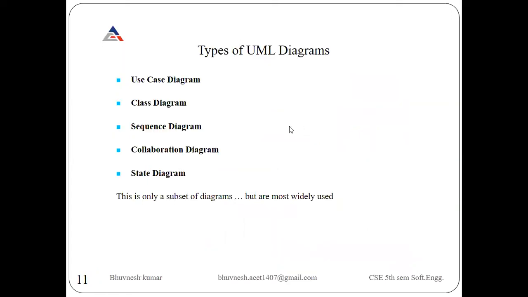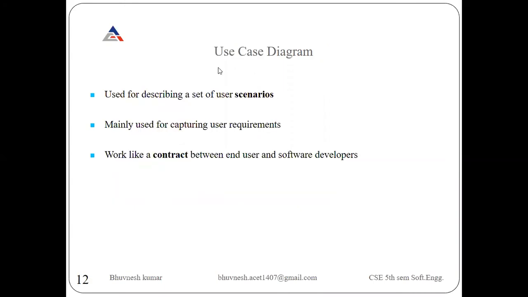Further, the types of UML diagram are the use case diagram, class diagram, sequence diagram, collaboration diagram and state diagram. We have to draw all these diagrams using the concepts of UML. First of all, what are use cases? They are used for describing a set of user scenarios, only according to the user perspective.